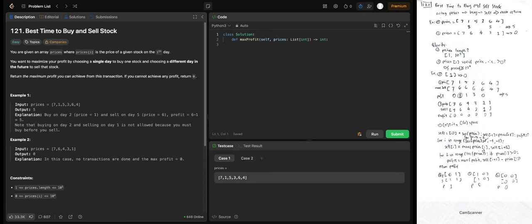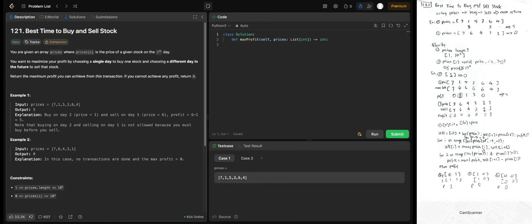So if we look at the first example, 7, 1, 5, 3, 6, 4, if we pre-compute the maximum prices that we can sell at, let me write it as max sell, this would be 4, 6, 7. So if we come up with the max sell, then we can go through the prices array again to determine which day we could buy and sell.